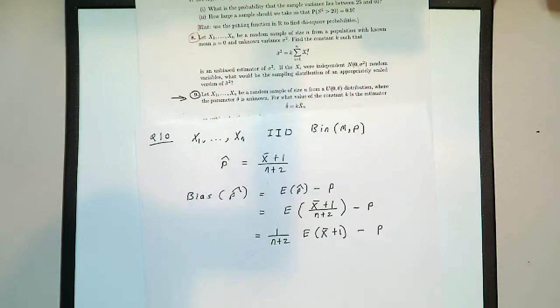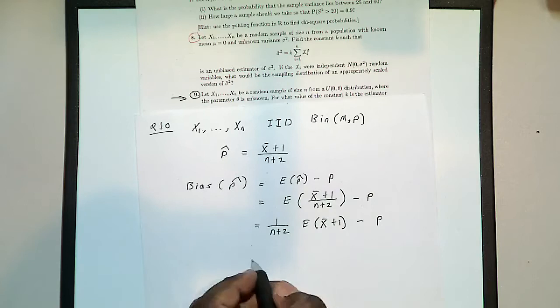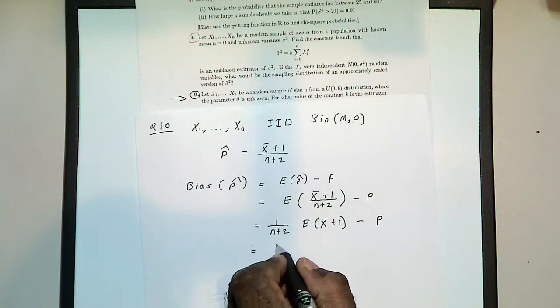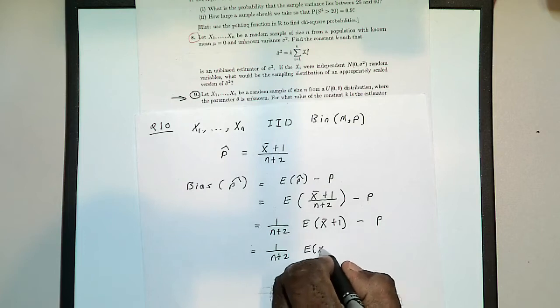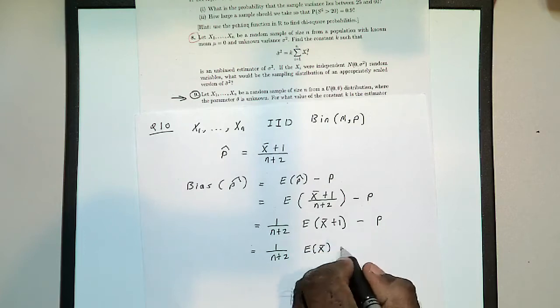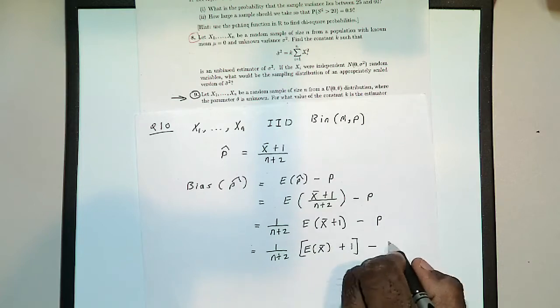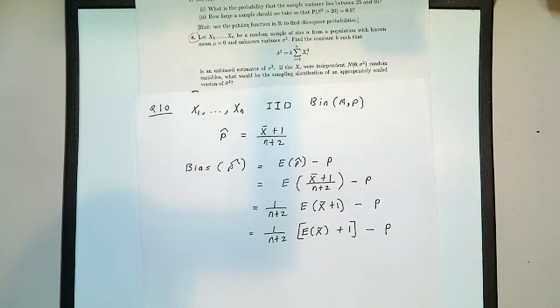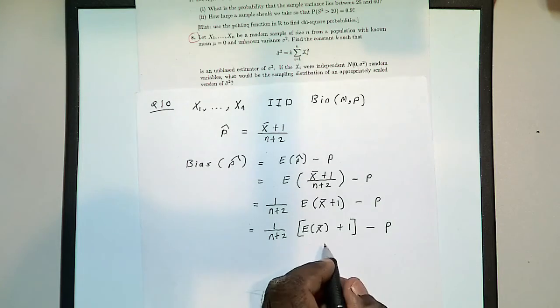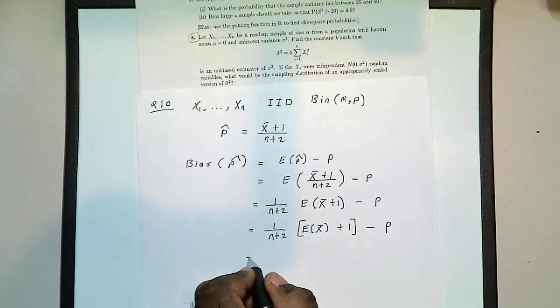Okay. Right, then you have 1 plus 2, right, guys? Now X bar is the sample mean with respect to n. So I'm going to write that down.